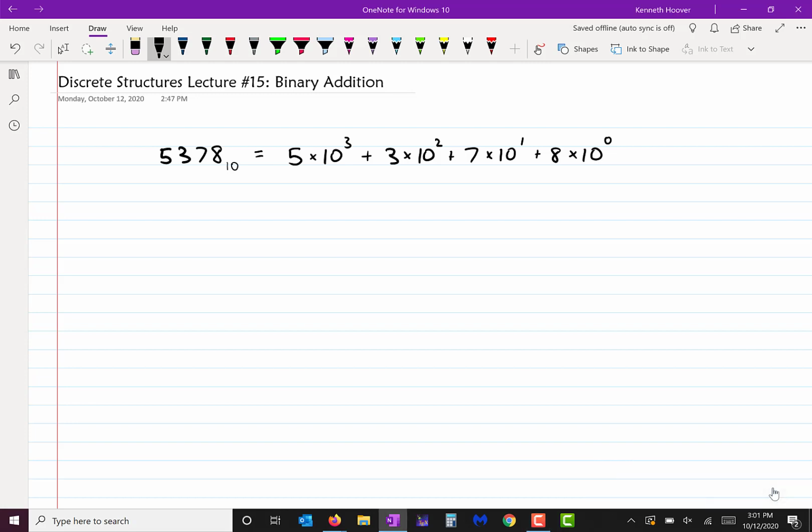Now, on the other hand, if I wanted to write that number as a sum of powers of 2 instead of a sum of powers of 10, the way I would do that is this. Let me just point out that 5,378 is equal to 4,096 plus 1,024 plus 256 plus 2.